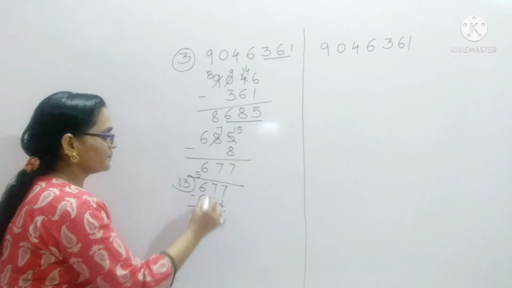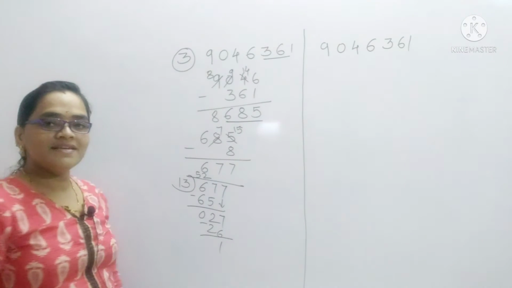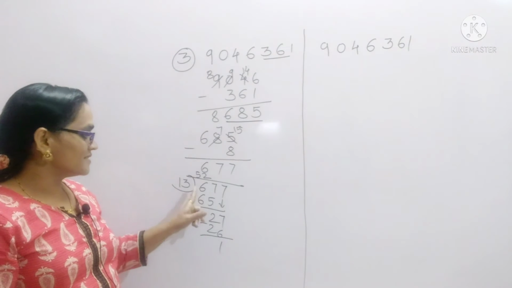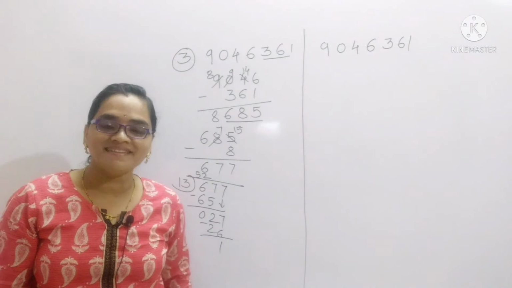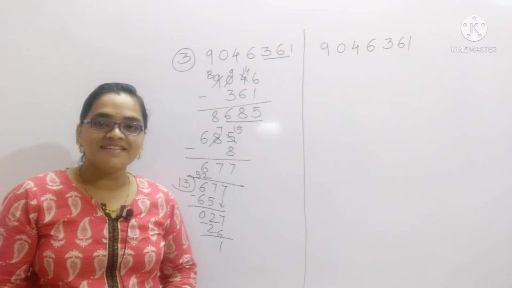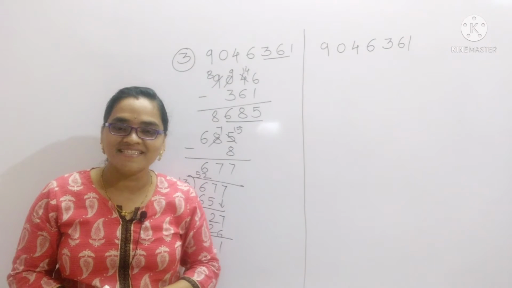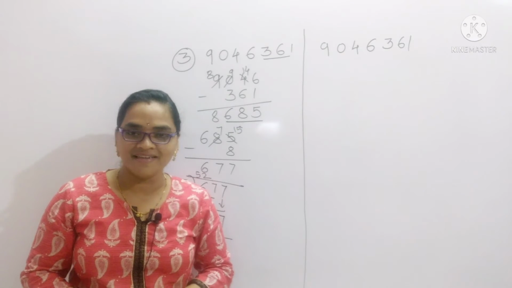Carry out 7. 13 2s are 26. See here, 7 minus 6, remainder is 1, means 677 is not divisible by 13. It means the given number 90,46,361 is also not divisible by 13.